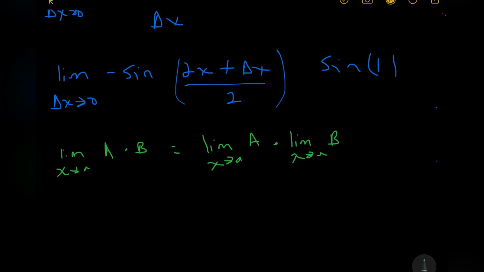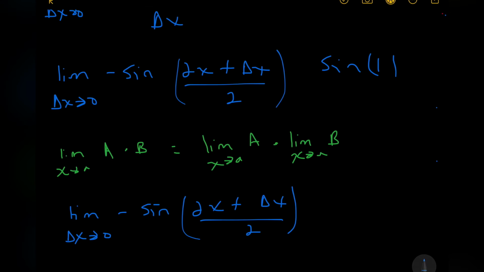That's what we're going to apply here: the limit of negative sine of (2x plus delta x) over 2 as delta x approaches 0, times the limit of sine 1 as delta x approaches 0.